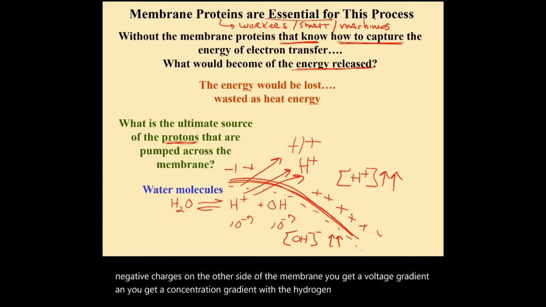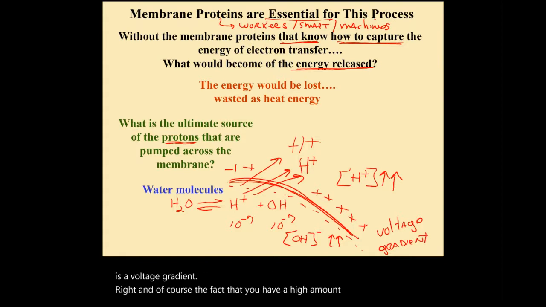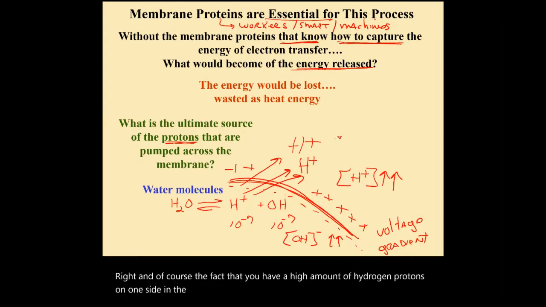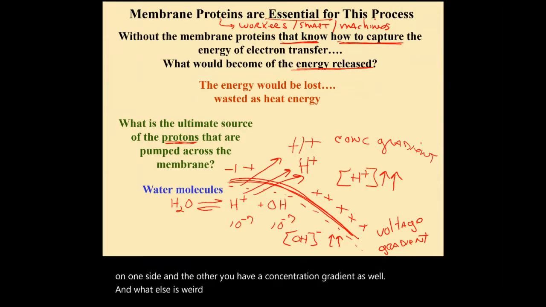So this is a voltage gradient. Right? And of course, the fact that you have a high amount of hydrogen protons on one side and the other, you have a concentration gradient as well. And you know what else is weird about when you're pumping protons?